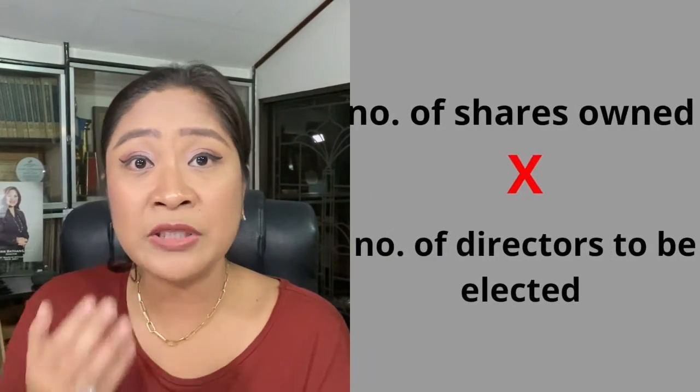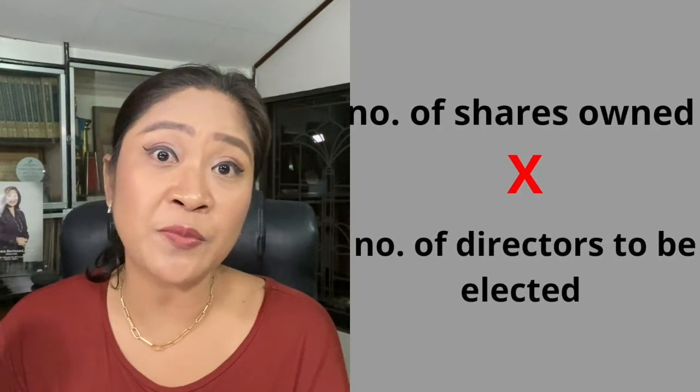Another example, let's say you have 100 shares of stock in the corporation and you are to elect 10 directors. How many votes are you entitled to cast? Again, look at the number of shares that you have multiplied by the number of directors to be elected.